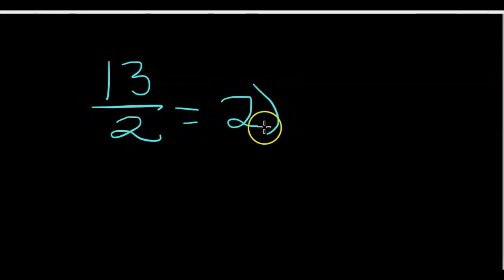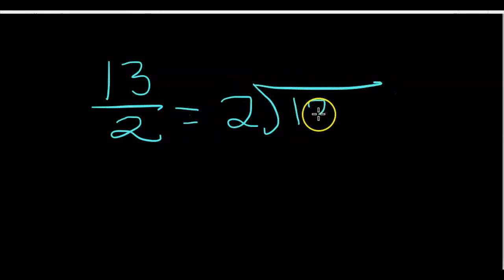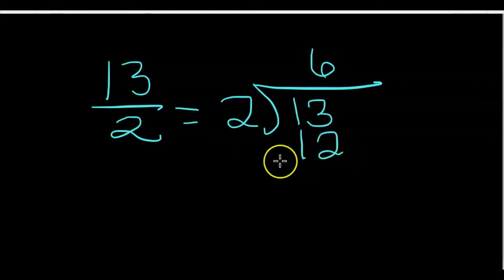All right, so the last one was 7D. And 7D looks like this, 13 over 2. Okay, I divide. How many times will 2 go into 13? 6. 6 times 2 is 12.